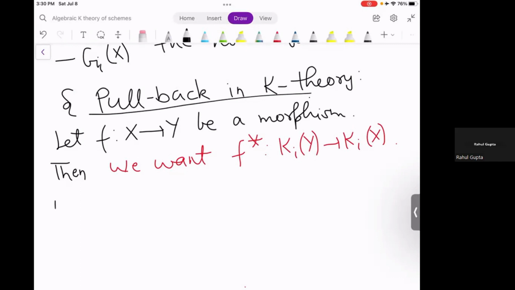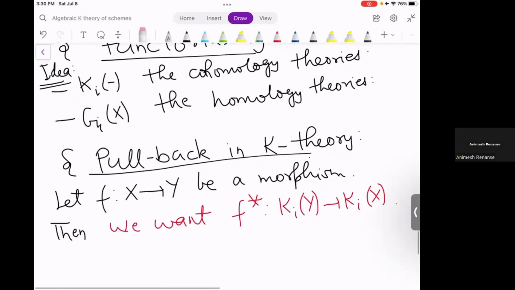Excuse me, I have a question. I don't understand why having this contravariant nature of Ki somehow relates to Ki being a cohomology theory. No, this is a first step. So you want to justify as far as possible. It's not a correct statement, it's just an idea.